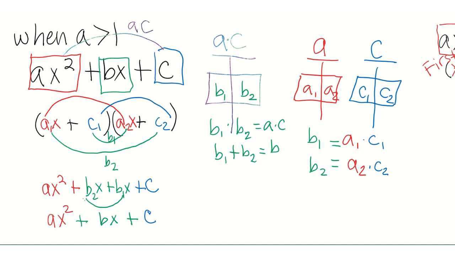So this may look like it's a little more complicated, but if you're using this AC rule, it's going to make it a lot easier, and we're going to look at a couple of examples. Okay, so let's look at an example of when a is greater than 1.